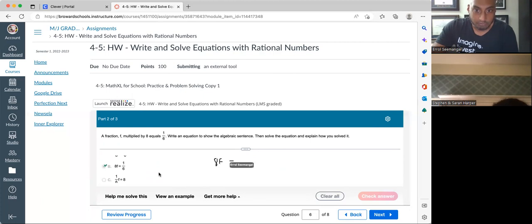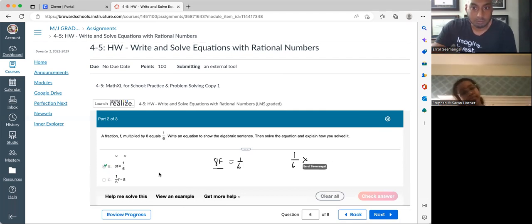Okay, so if 8f equals 1 over 6, how do we solve for f? When you write it like this, multiply 1/6 by 8. No, it's not that one.